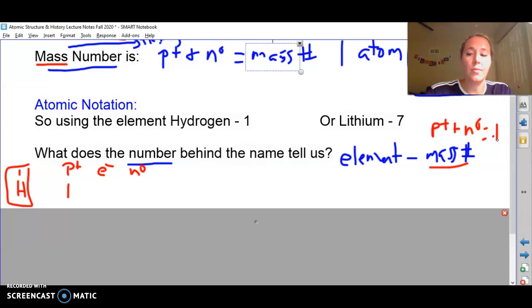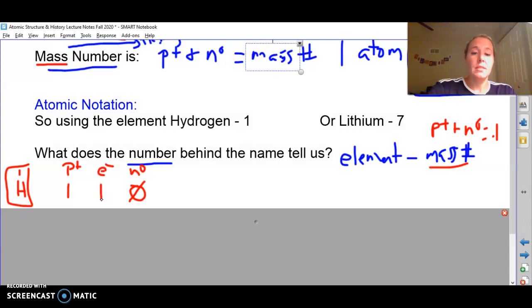Well, the 1 is already from the protons. This means there's no neutrons, and usually hydrogen is just a proton. There's no neutron in it. And if we remember our key understanding that all atoms are neutral, then however many protons we have, we have to have the same number of electrons. So it should be 1, 1, 1.